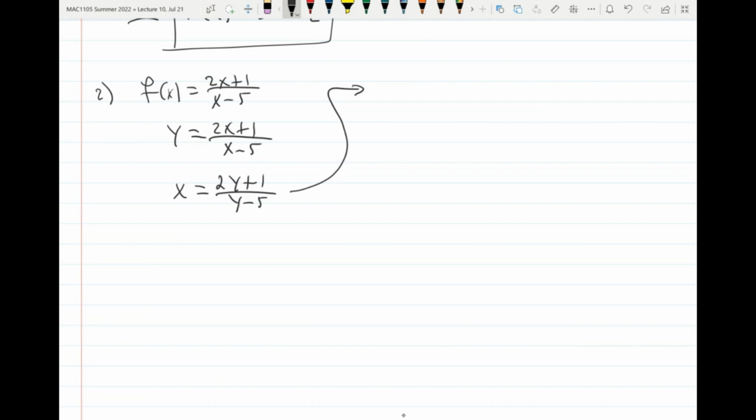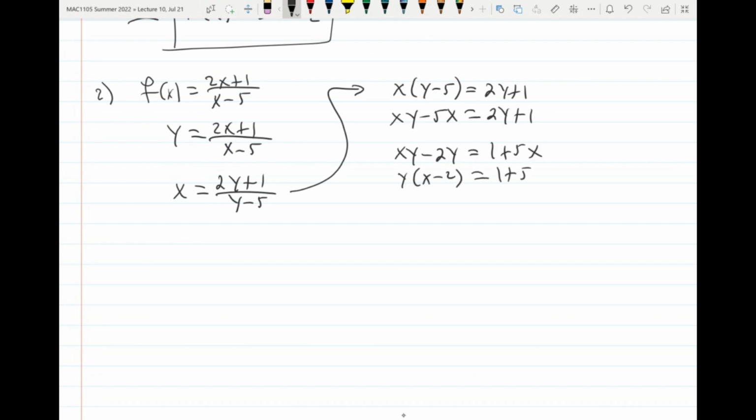I'm going to multiply, distribute, then all the y's to one side, x's to the other. Factor out y over here. Now divide. So I get 5x plus 1 over x minus 2. So the inverse function is this formula.